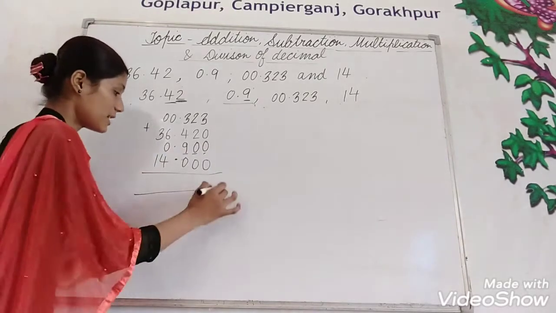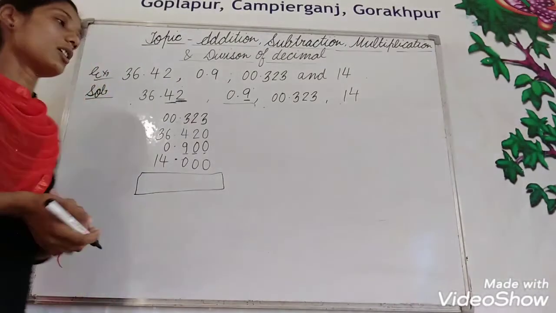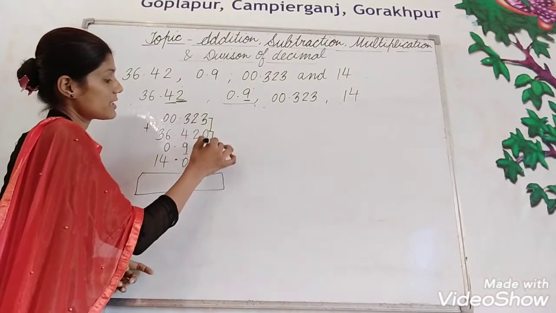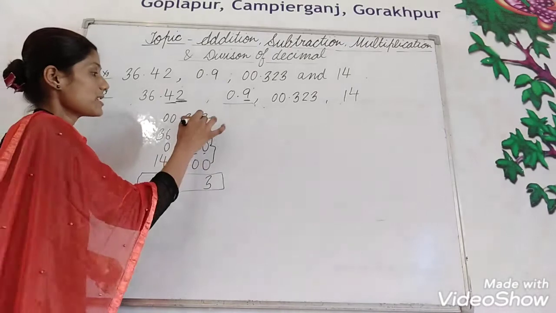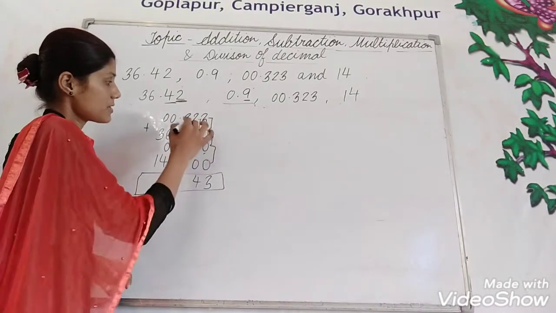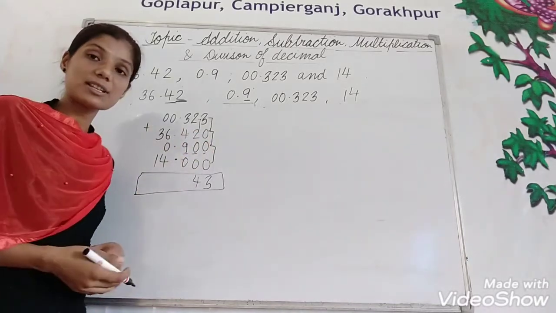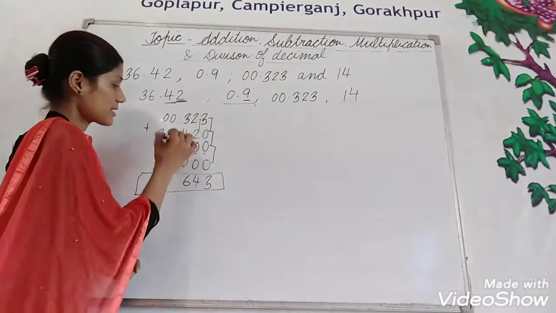That is how to convert the given numbers into like fractions. After that, start the addition. 3 plus 0 plus 0 plus 0, the answer is 3. 2 plus 2 is 4. 3 plus 4 is 7, and 7 plus 9 is 16, so write 6 and carry 1.